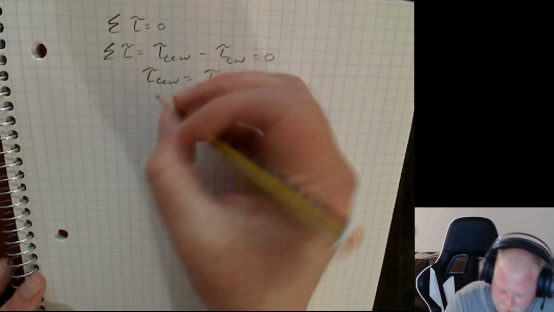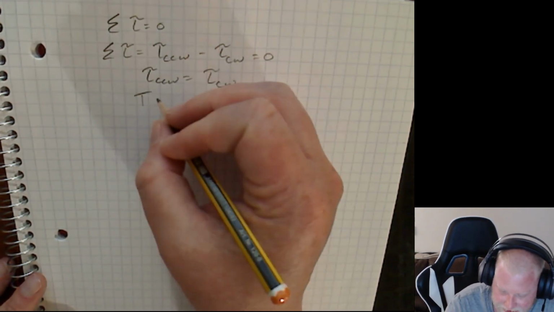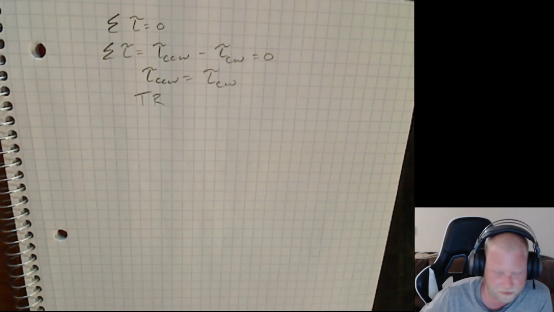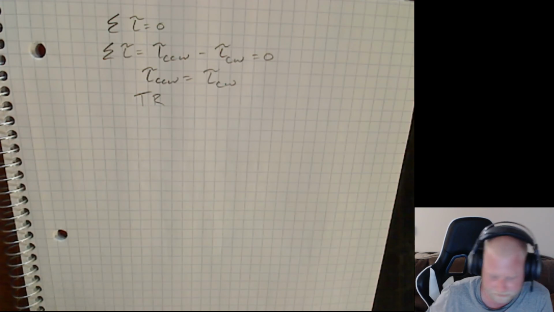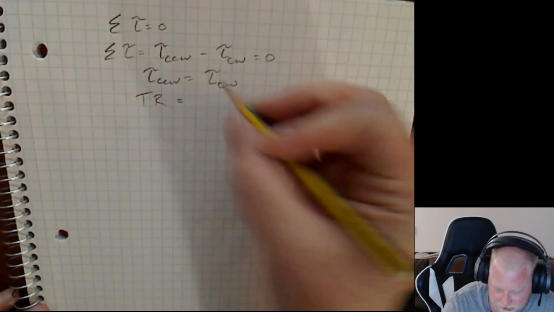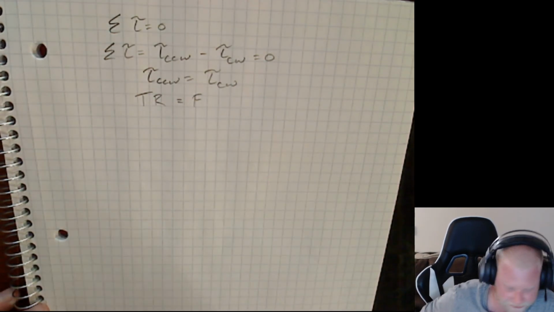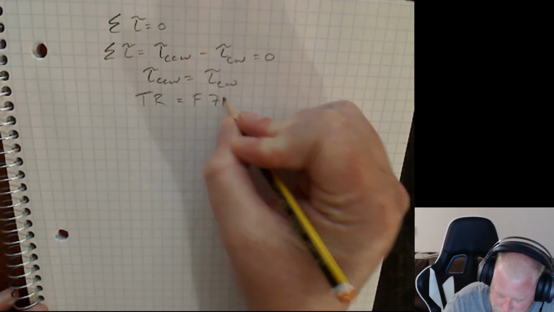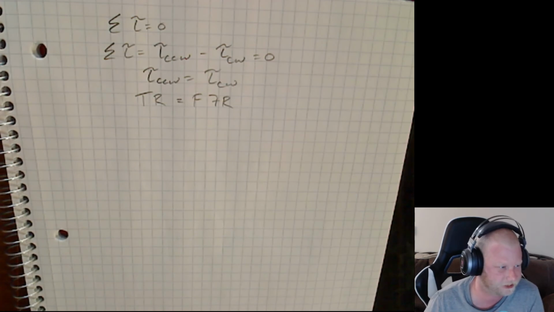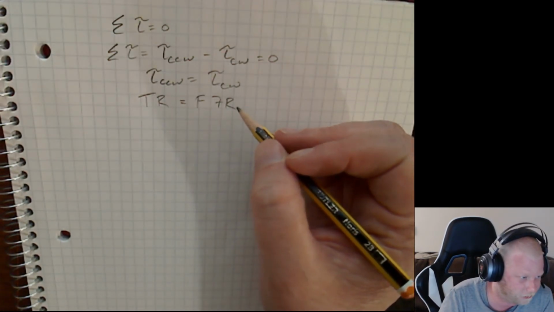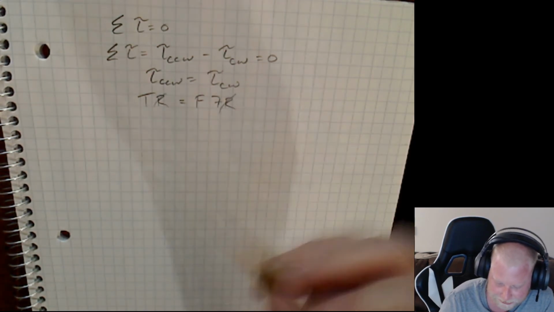Our counterclockwise torque is the tension in the rope times that distance from the center of rotation, r. Your clockwise torque is the force exerted by the sailor times the distance, which is 7r. We weren't given what r was, but it doesn't matter because that cancels.